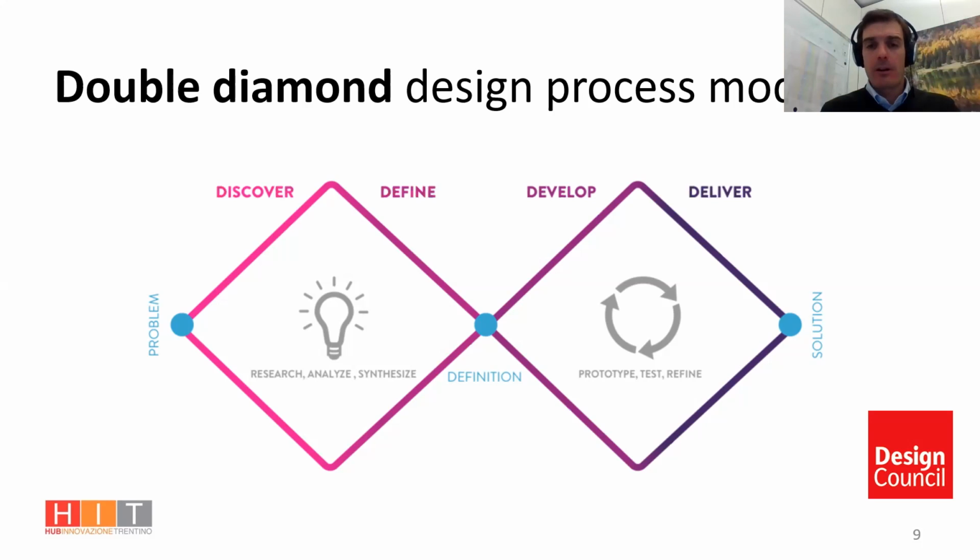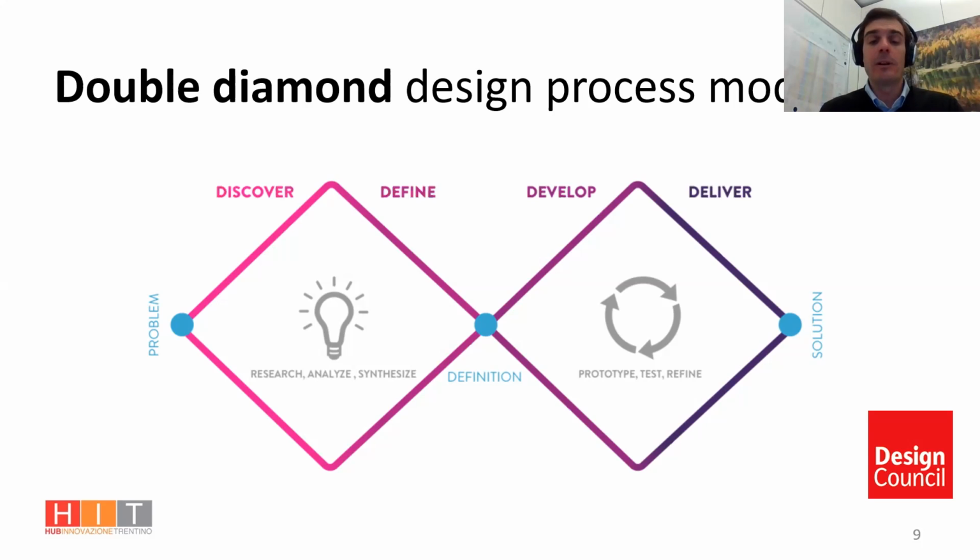This is one of the most well-known approaches to design thinking, but it's kind of hard to understand how to put that into practice. You have these four phases, but you don't know how long it takes to go through the discover and define phases, and you don't really know how many times to iterate on developing and delivering solutions. So it's really hard to put into practice.